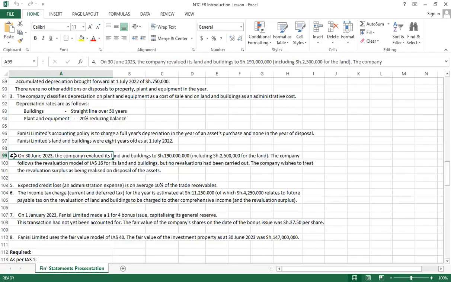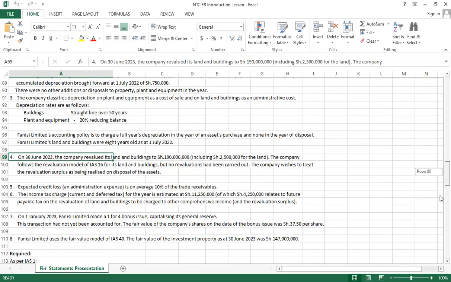The company follows the revaluation model of IAS 16 for its land and buildings, but no revaluations had been carried out. The company wishes to treat the revaluation surplus as being realized on disposal of the asset. So that note is talking about revaluing two assets: one is the land, and the other one is buildings.